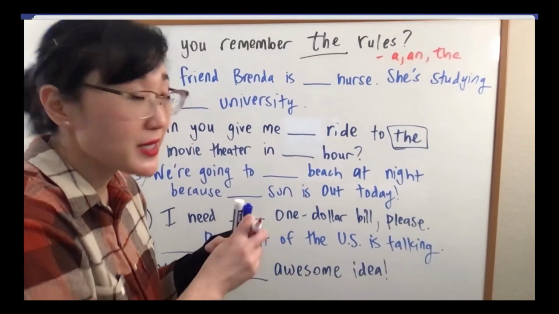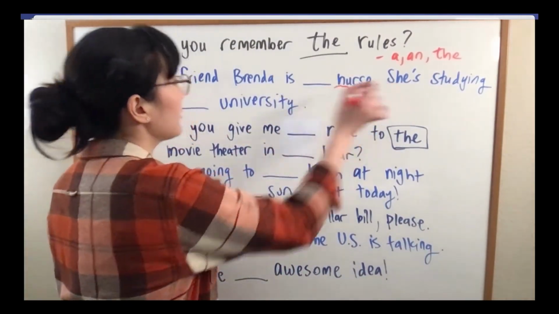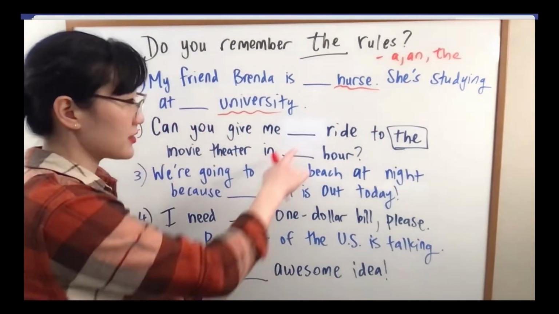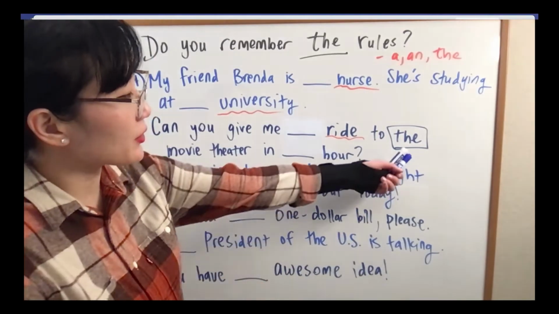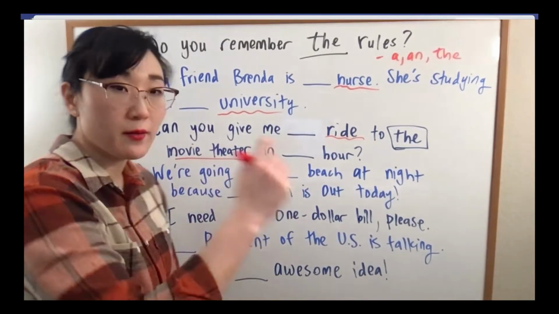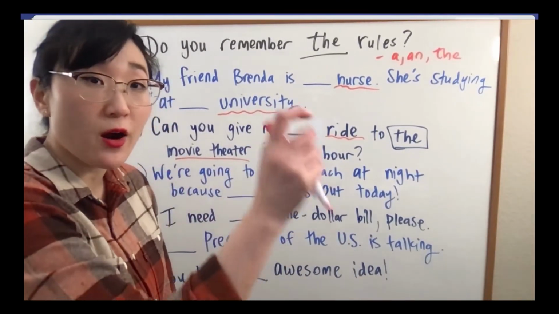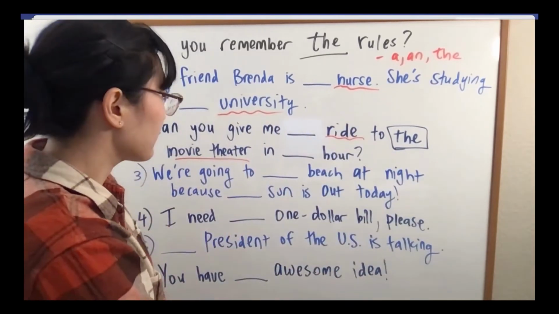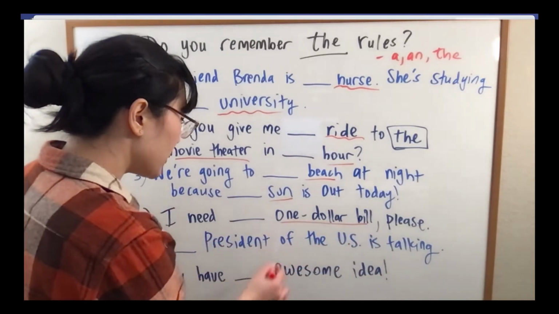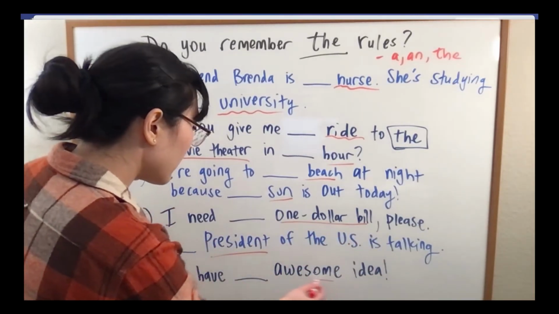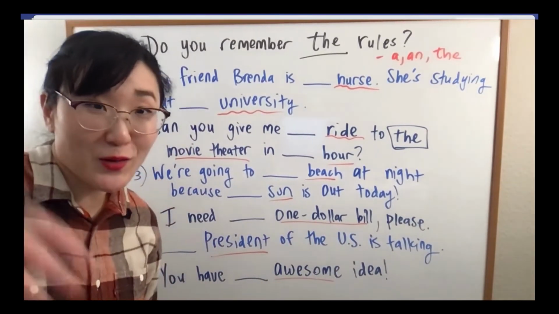Remember, always be careful. Look at the noun that follows, okay? This is another example where we can use the article the when we talk about the movie theater. We always use the article the movie theater. Okay, be careful. I'm going to give you a little bit of time and then we will check the answers. Here you go.